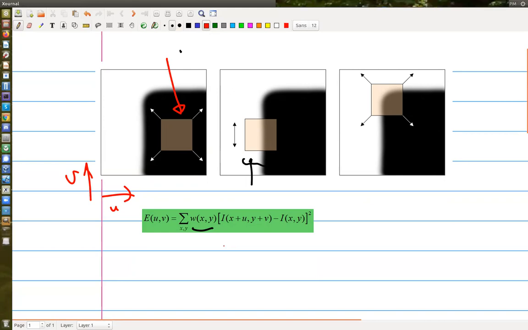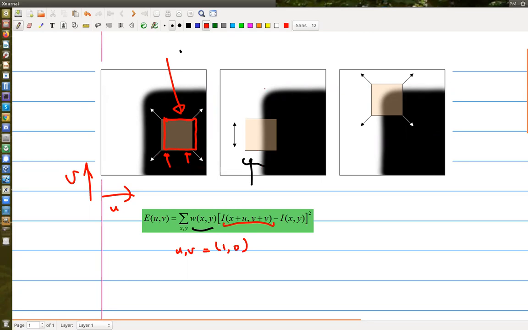If I take UV equal to (1, 0), then it shifts this patch by 1. I consider a patch that is essentially shifted by 1, and then I want to see whether this shifted patch is the same as this patch. Then I compute the difference and take the weighted sum of the differences. For the flat region, for different UV, it's not going to change.